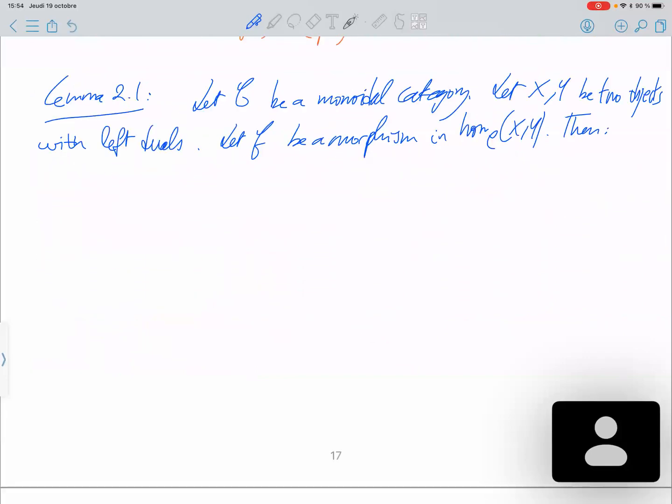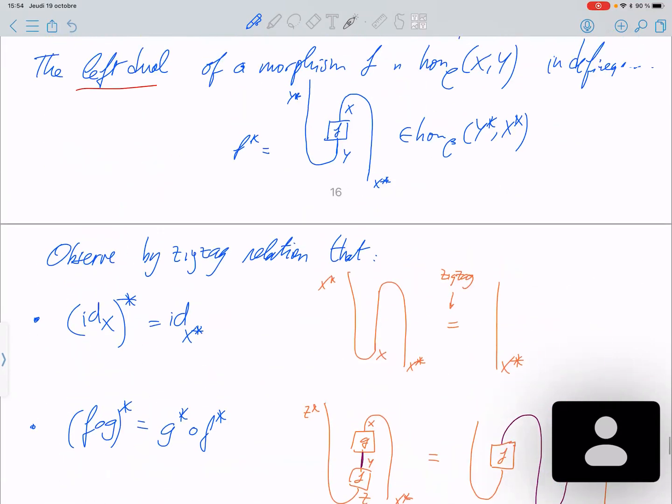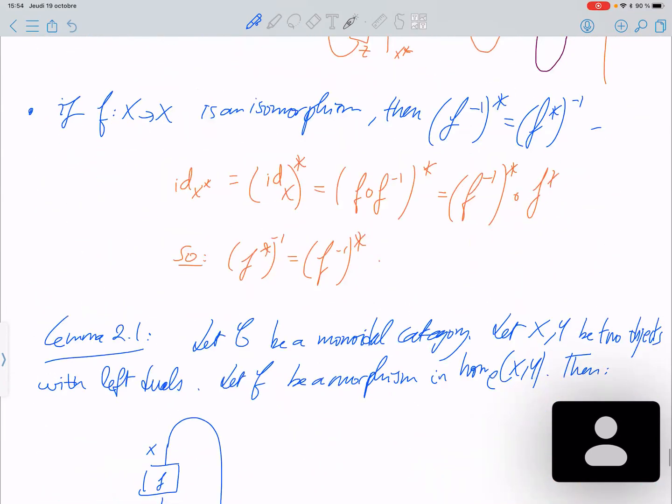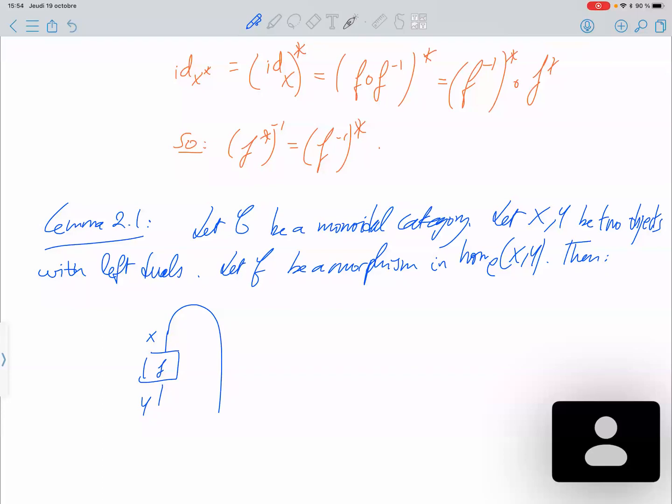Then the following pictorial relation holds. You start from the morphism f between x and y, and you apply some co-evaluation. So now you have x star.